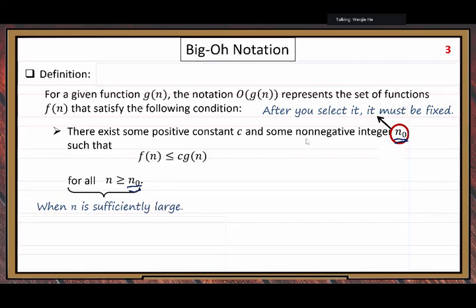What is the meaning of n sufficiently large? There exists some non-negative integer n0 such that for n greater or equal to n0, some condition is satisfied.